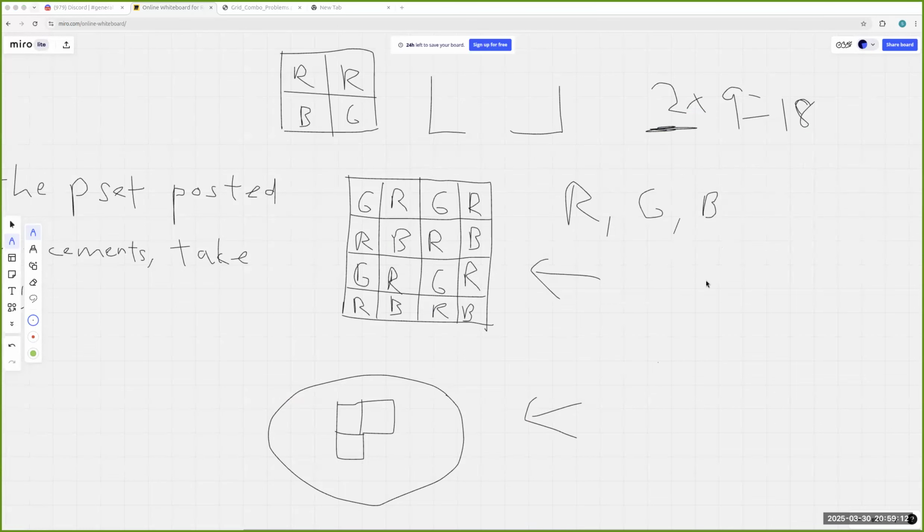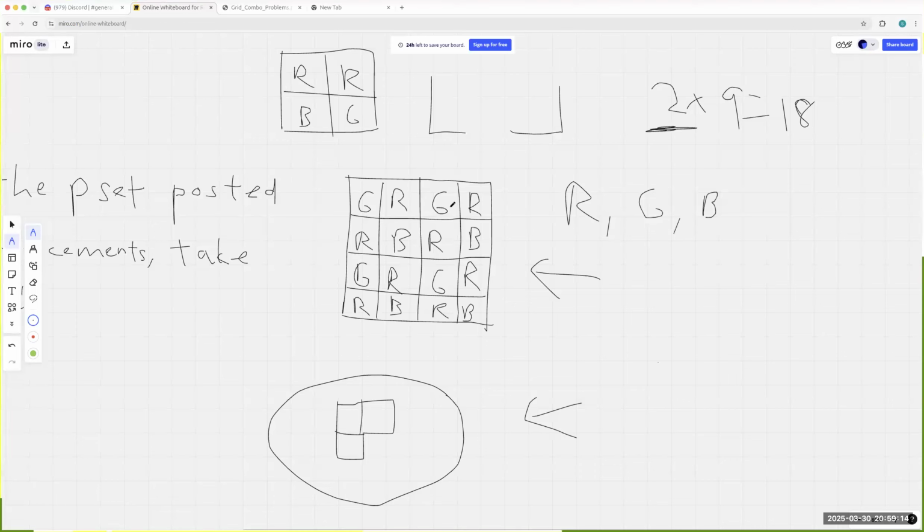And here it's, I think, pretty easy to verify that each 2 by 2 subgrid satisfies the property that we want. So now that we've constructed a grid that actually has 18, we're done.